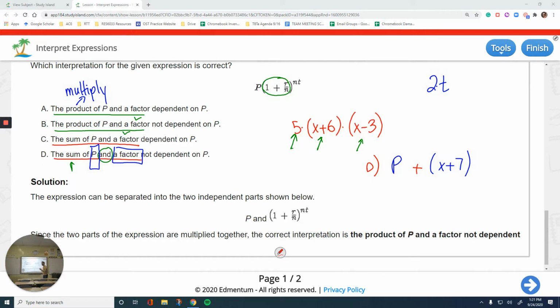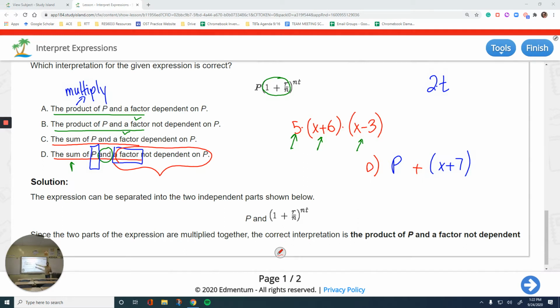In the phrase a factor not dependent on P, the not dependent on P describes the factor. This factor is not depending on P because it has nothing to do with P. Inside the parentheses, it's just x plus 7.